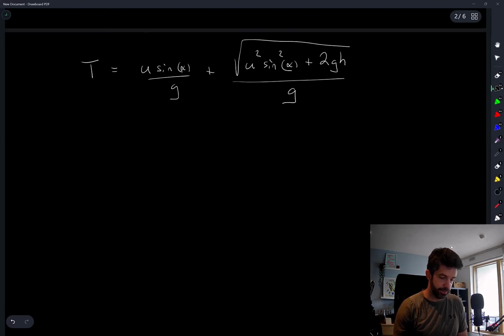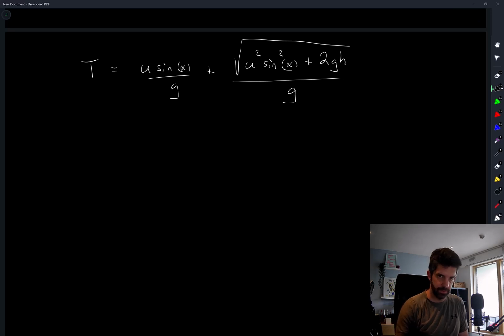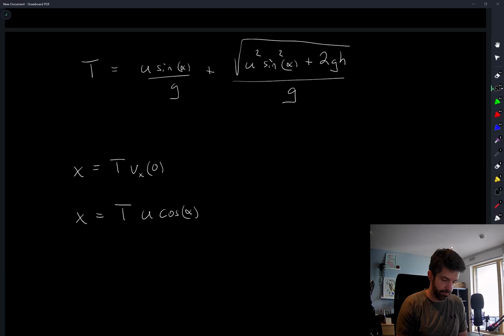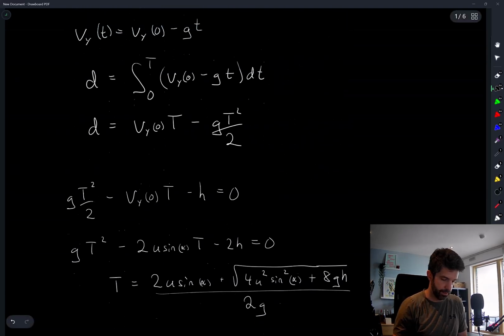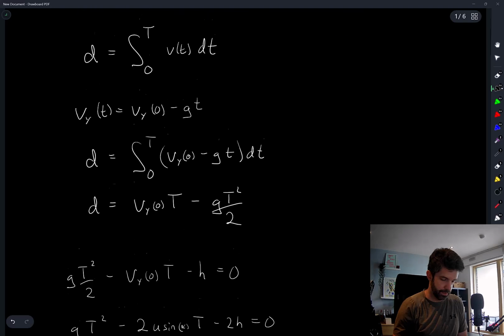So the distance in the horizontal direction is called x according to the question. X is just equal to t times Vx0. So x is equal to t times u cosine alpha, I think. Yep.